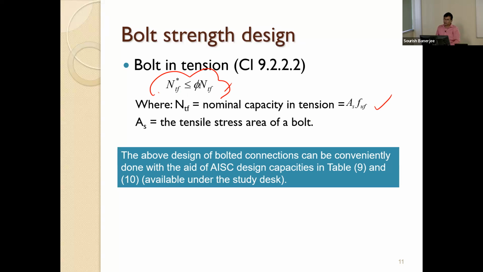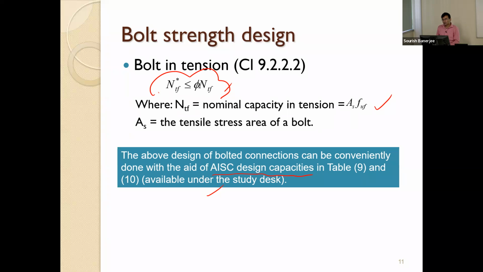And the above design of bolted connections can be conveniently done with the aid of AISC design capacities, because we have the design capacities in tables 9 and 10 available in the study desk. So one can actually use that design capacity table and design them. So this is another approach of designing.